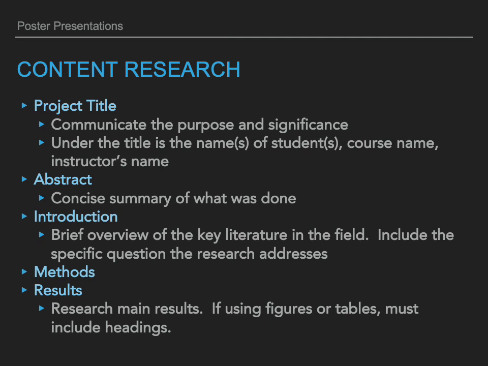All data should have figure or table headings, depending on the format. And in some cases, your research, if it is quantitative, might just be figures and tables. And if that's the case, you need to make sure that the table and figure headings give enough information for the reader to understand the data they're looking at.